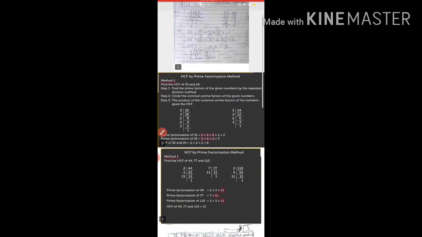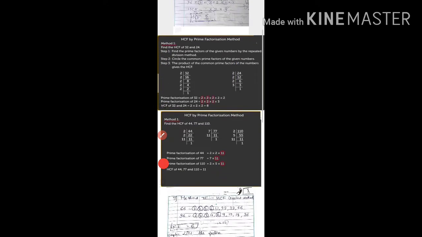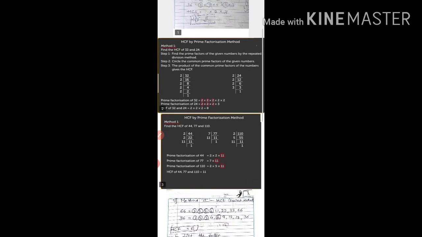Now let us move to the second sum. Same thing. Steps are given over here. HCF of 32 and 24. Again you have to find the factors. You will be writing them here, and after that you will multiply them and you will get the answer.